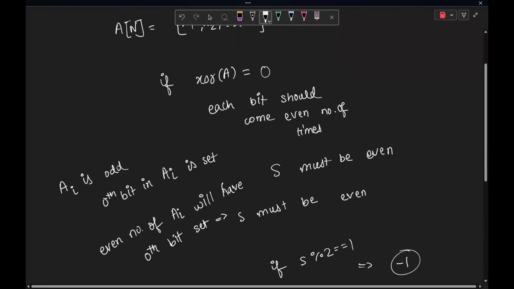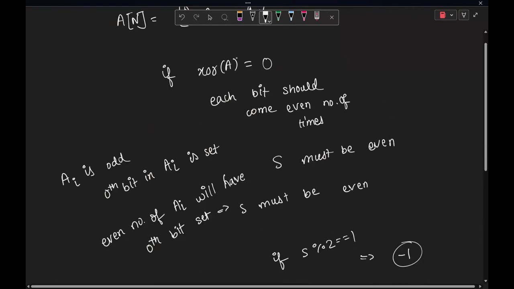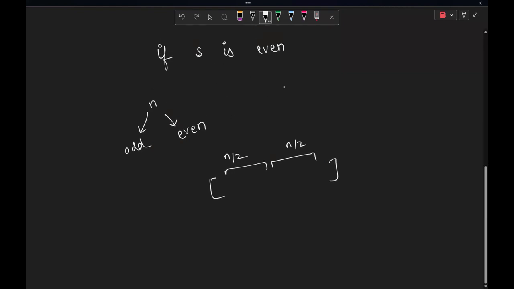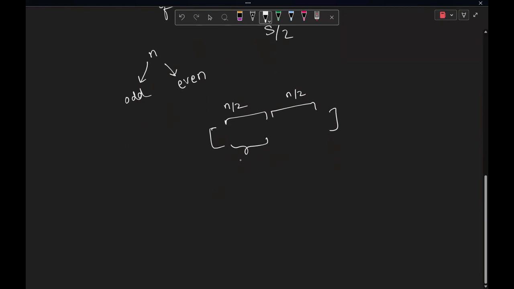Since I wanted the bitwise XOR of all the elements to be 0, I thought of the case for N being even: whatever elements I put in the first n by 2 places, I can place exactly the same elements in the next n by 2 places. Since S is even, S by 2 will be an integer, so I can make sure these elements have their sum as S by 2.